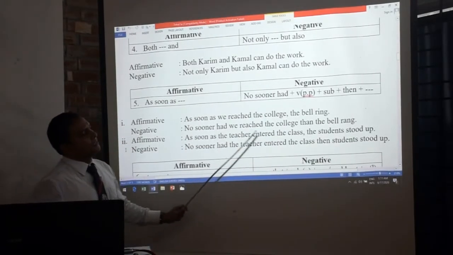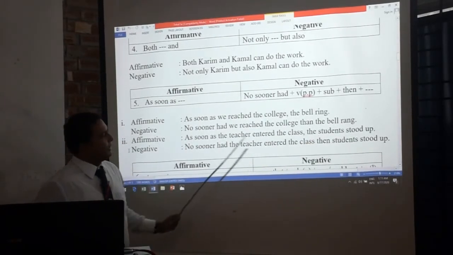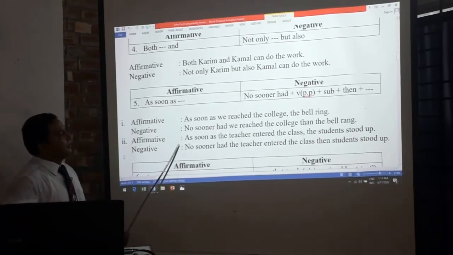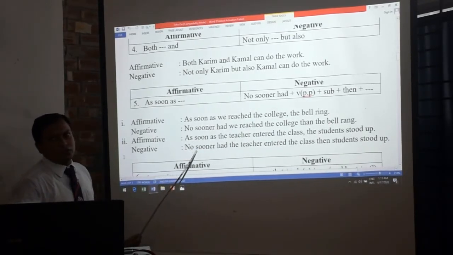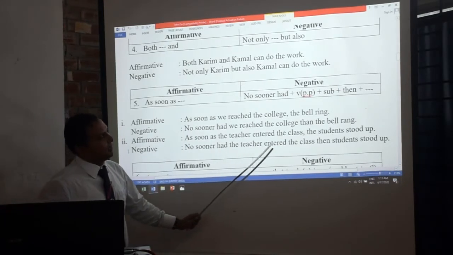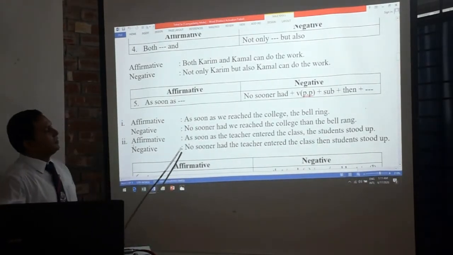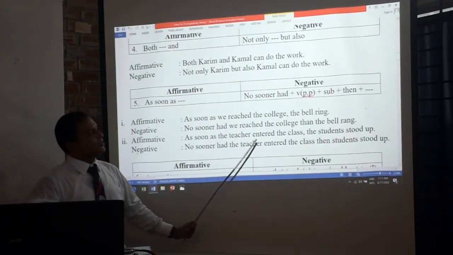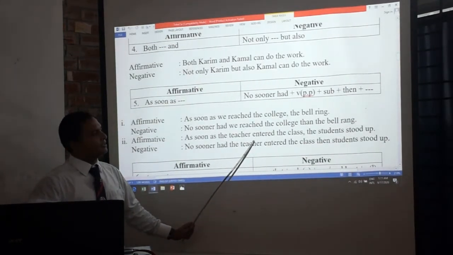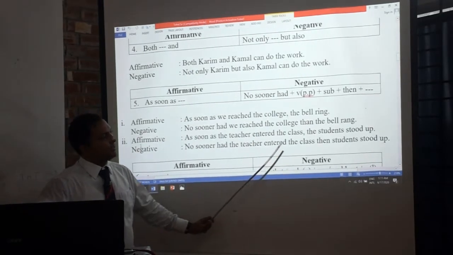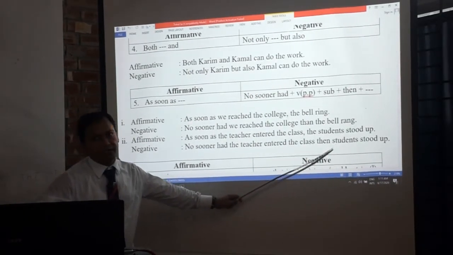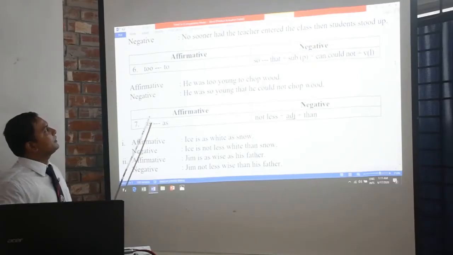So both clauses are in past indefinite tense in "as soon as." The negative form is: No sooner had the teacher entered the class than the students stood up. So here both clauses are not in past indefinite. The first clause is in past perfect tense and the next clause is in past indefinite tense. We are moving to the next rule.